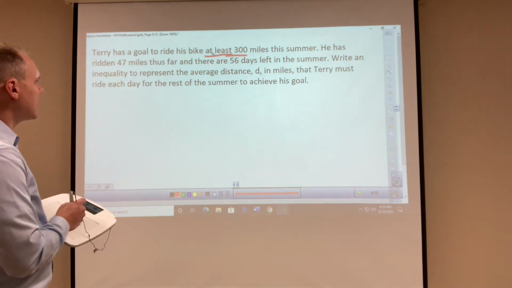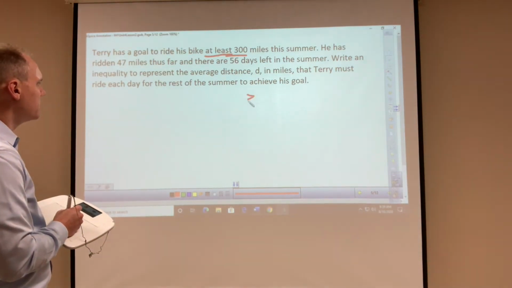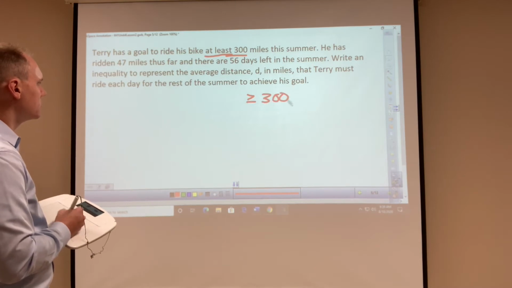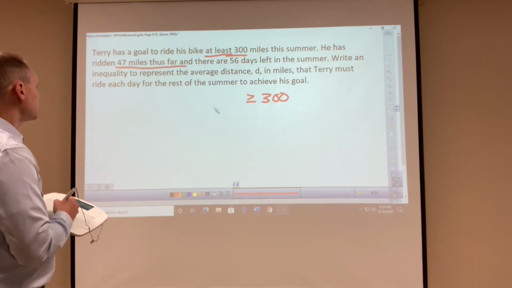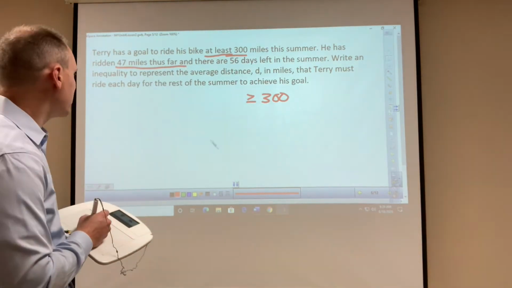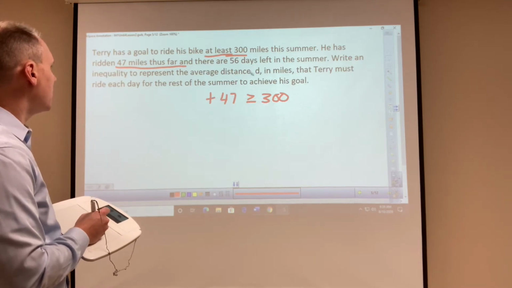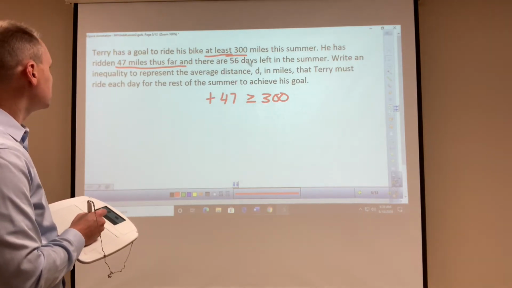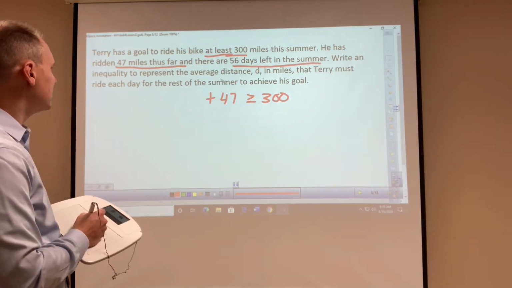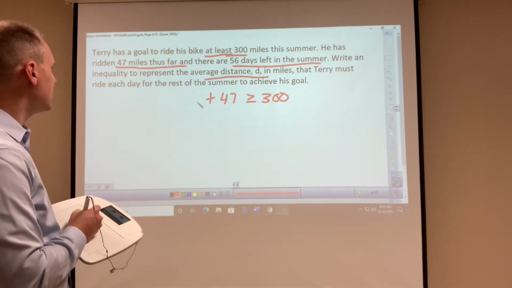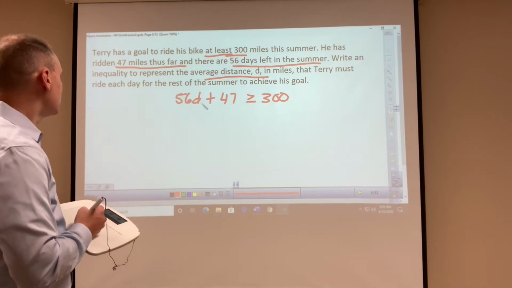Okay, so he wants to ride at least 300. That's a key word there, at least 300. So the amount he rides needs to be greater than or equal to 300. He has ridden 47 miles thus far, so that's like the initial amount or starting value. And 56 days left in the summer. So if he rides an average of d miles a day, it's going to be 56d.